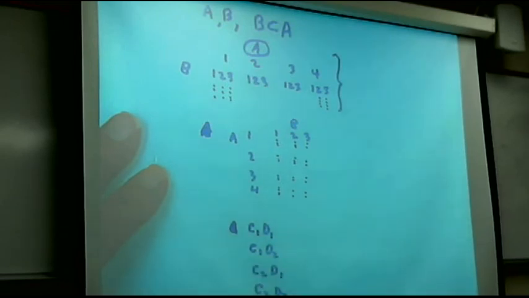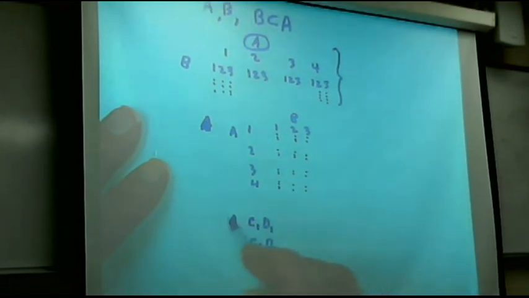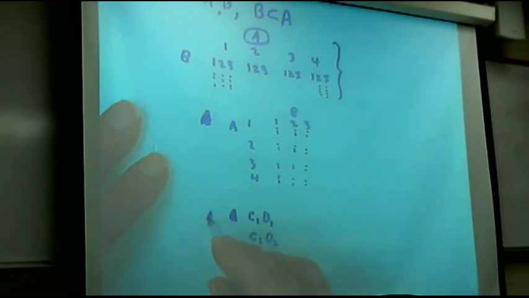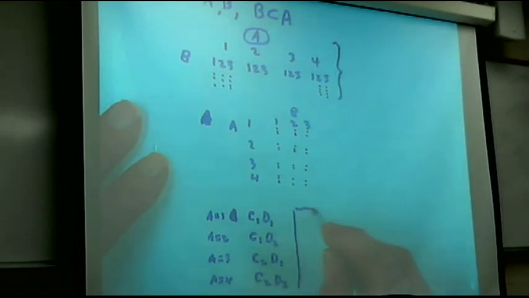So there's 2 other factors that I'm calling C and D, and now this is A1, this is A2, this is A3, this is A4. And then the rest of the data layout carries over from above.